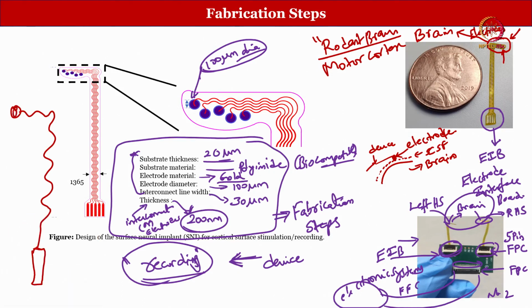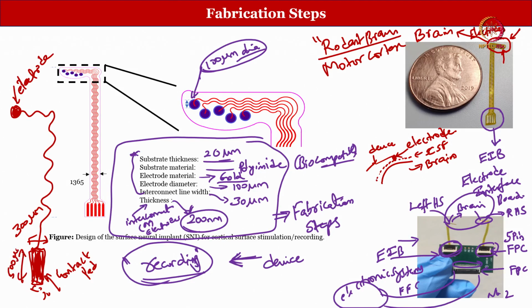Now, this is an electrode, this is an electrode, and this is a contact pad. Typically the width of this contact pad is around 300 micron, and this is 500 micron, something like that.